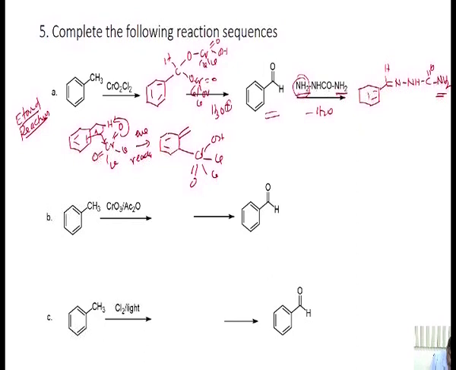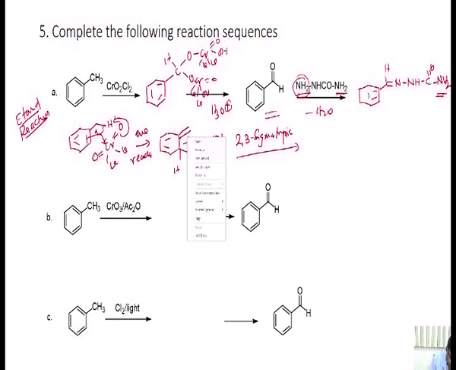This can undergo 2,3-sigmatropic rearrangement to give this.